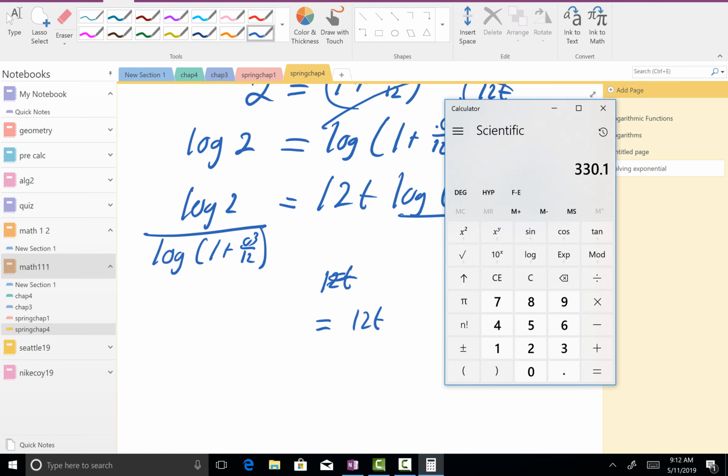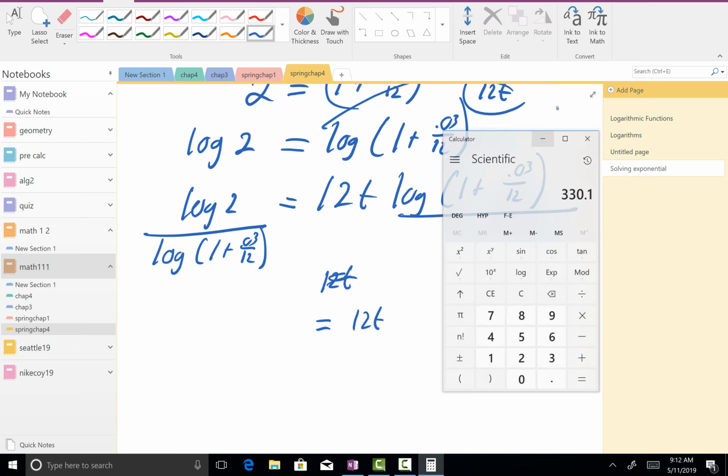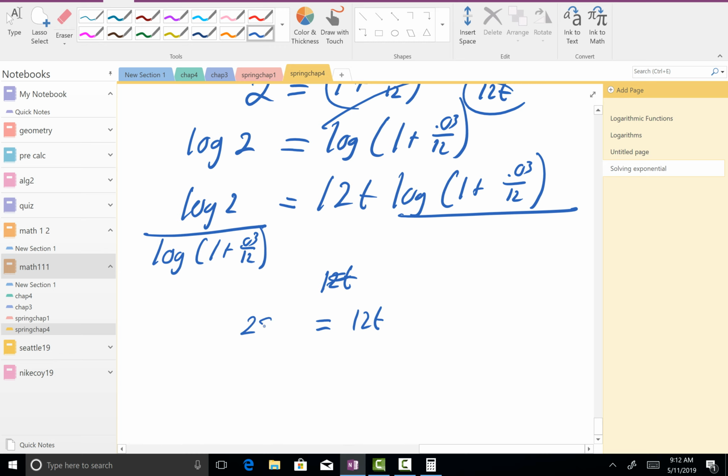Does it turn out to be about 330? I don't think it does. How much? 28.07. Sweet. Was the answer 28.07? That's the whole answer, though?